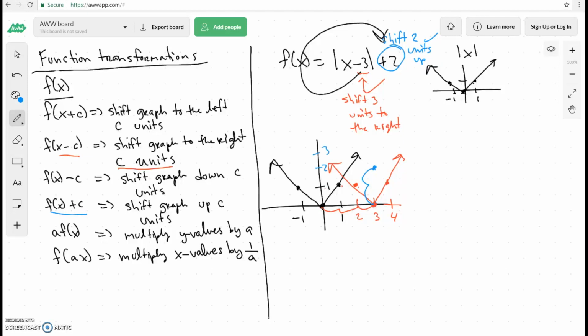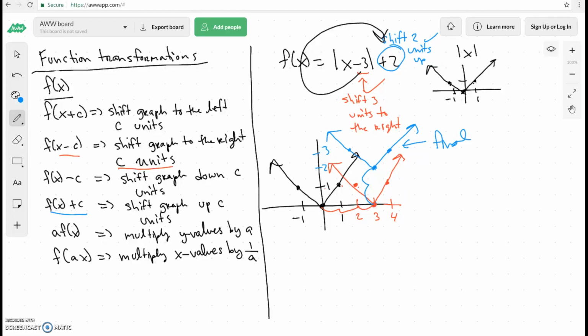So now this is going to be at 3. Okay, I hope I did this right. Yes, I did. All right, so now this is my final graph, because this blue graph, I'm going to write final. This is my true graph. With this final graph, I was able to shift it 3 units over and then 2 units up. So this is the last graph. This is what I'm looking for.